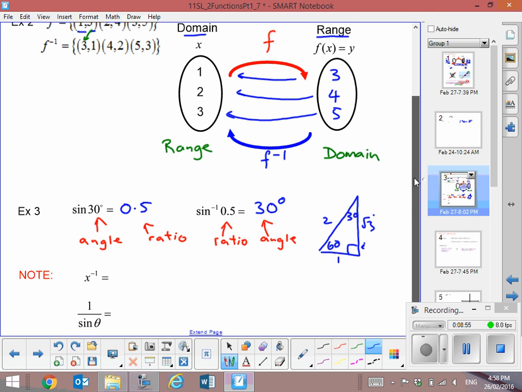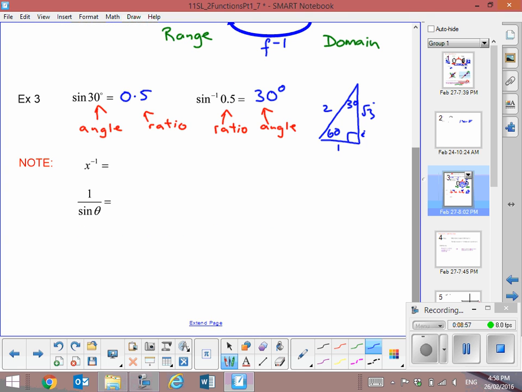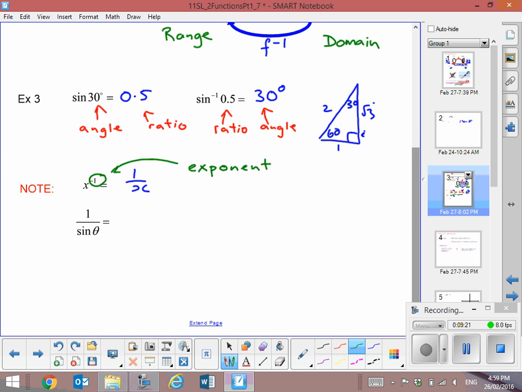Just a couple of things to note, just to watch out. If I write x to the minus 1, what does that mean? Yeah, hopefully you've said it's 1 over x. So in this case, our minus 1 is talking about an exponent, whereas our minus 1 up here is a notation saying an inverse function.